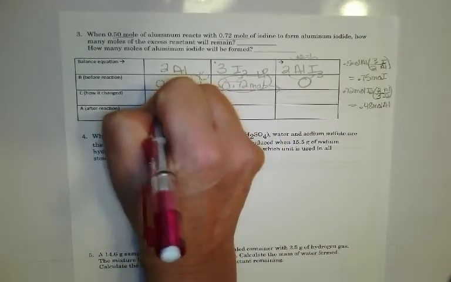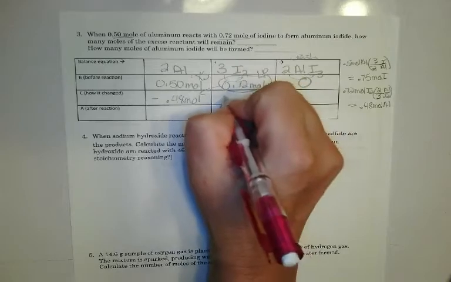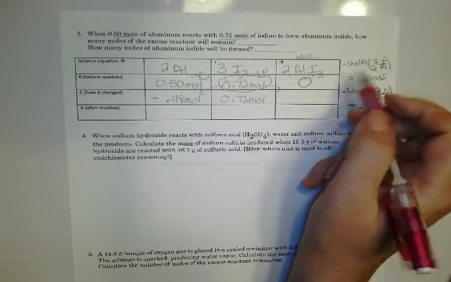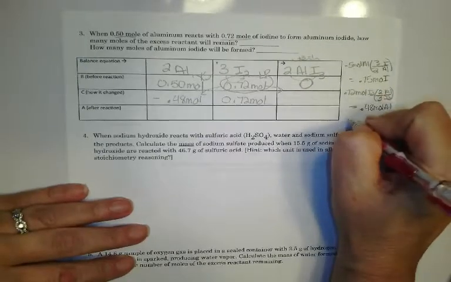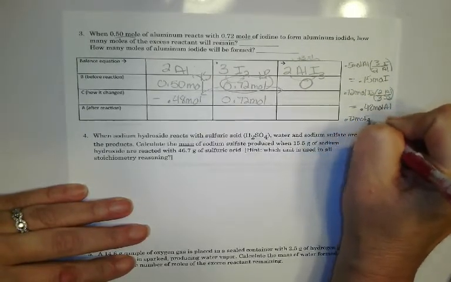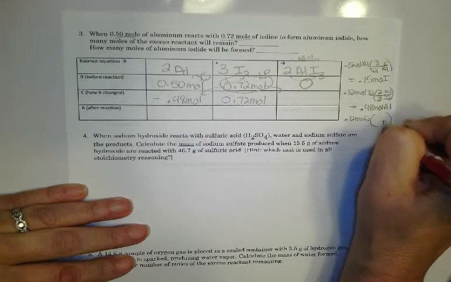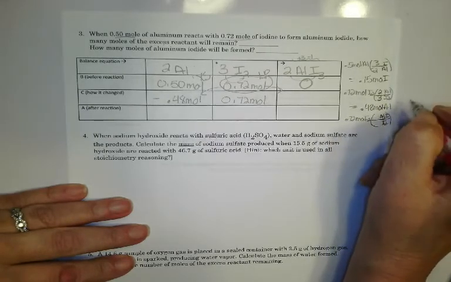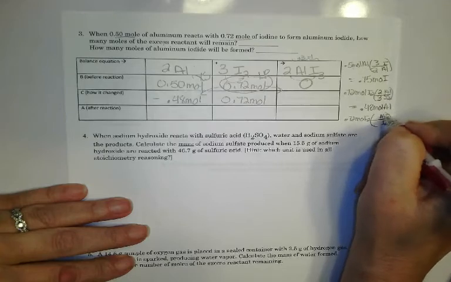Okay, so I'm going to use up that much, and this is my limiting reactant, so I'm going to use it all up. And then how many moles of aluminum iodide can I make from that? 0.72 moles of iodine. And I'm going from iodine to aluminum iodide, and that is my same ratio.